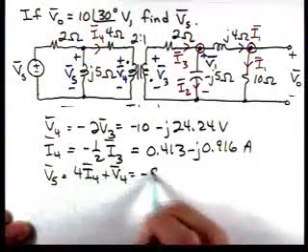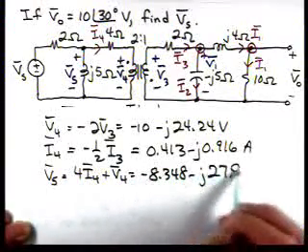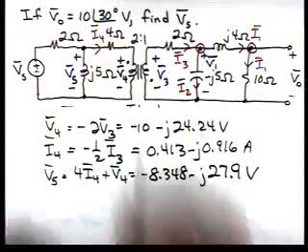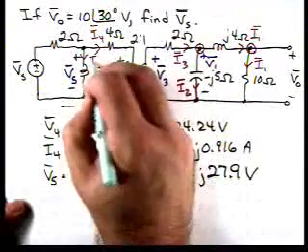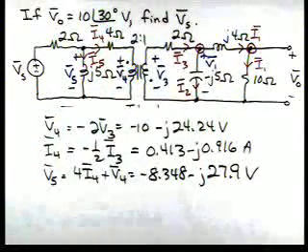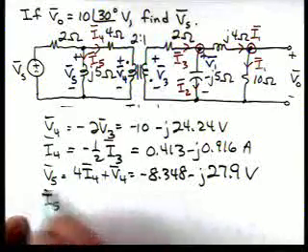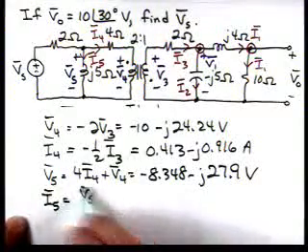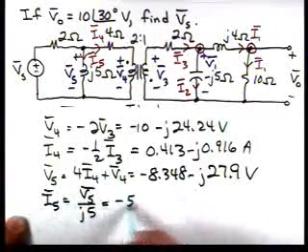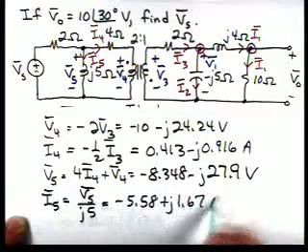And that's minus 8.348 minus J 27.9. And now we can calculate a current I5. And I5 is V5 over J5, which is minus 5.58 plus J 1.67.